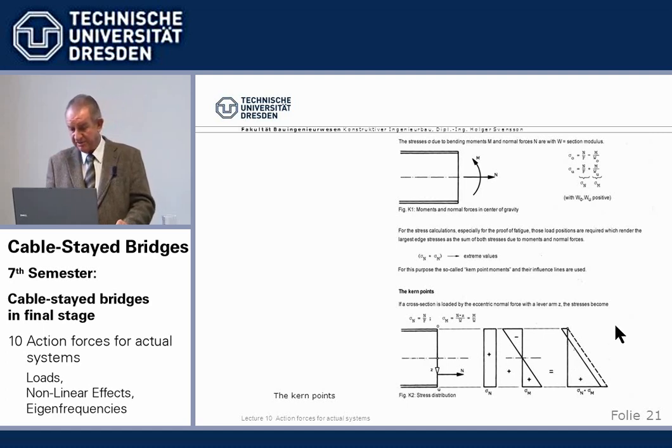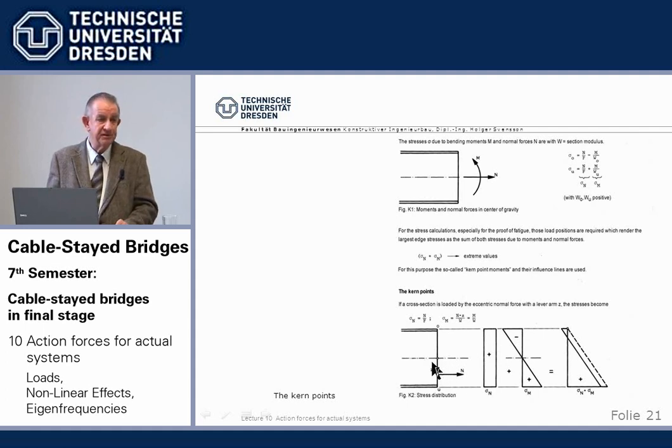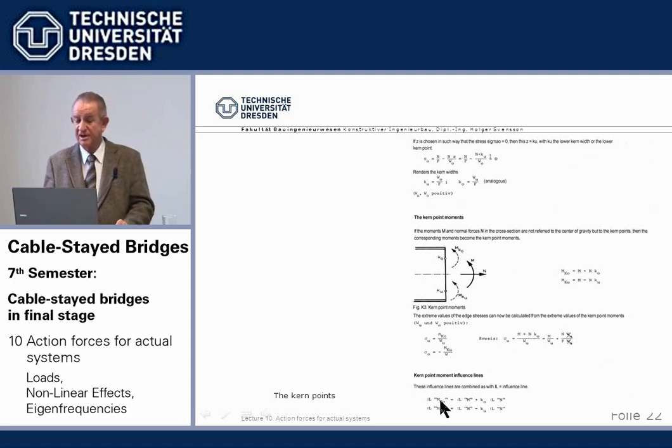And if we now say, okay, my governing position of this normal force is that where on the one side the stress becomes 0, and on the other side, logically, maximum stress, then we call this distance, what is called here Z, the kern width, which gives us 0 stress at one side and the maximum stress at the other side.